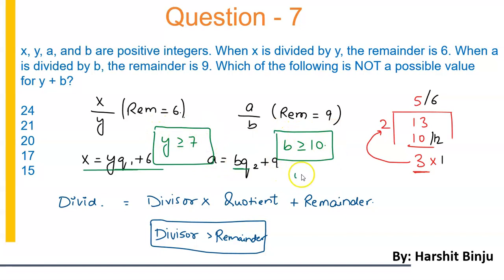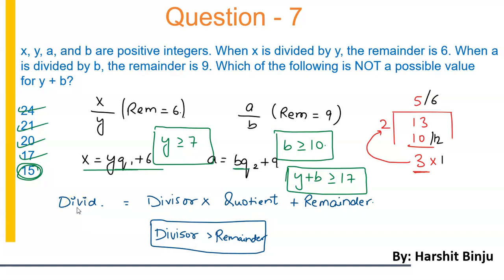Which means y plus b will be greater than or equal to 70. So 24 is possible, 21 is possible, 20 is possible, 17 is possible. 15 here is not a possible value of y plus b.